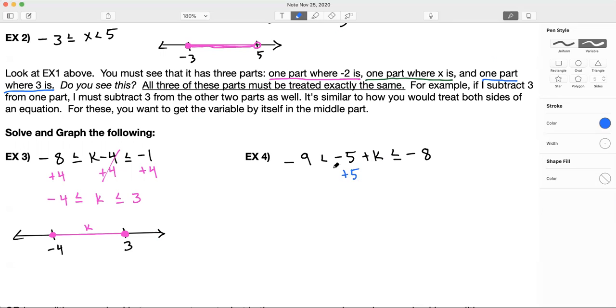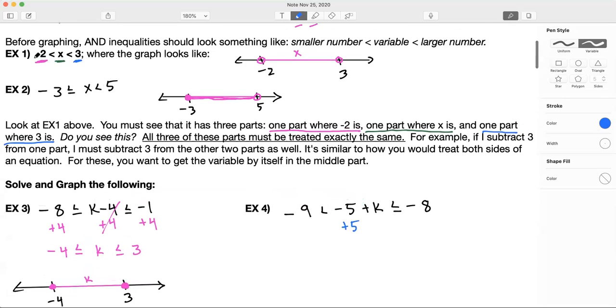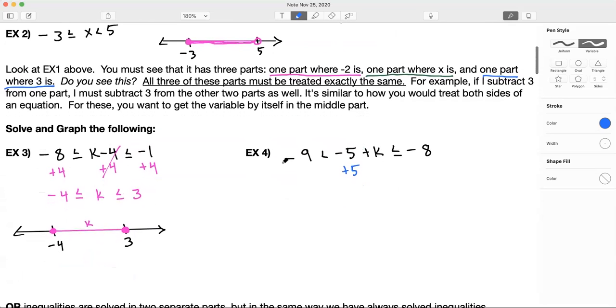But whatever we do to one part, see this middle part right here? We added 5 to it. That means we're going to have to add 5 to this part here, the first part, and the third part. Remember, I wanted you to see all 3 parts here above. Very important. We have to do the same thing to all 3 parts. Okay. We're getting fairly sophisticated here. -9 plus 5 is -4.